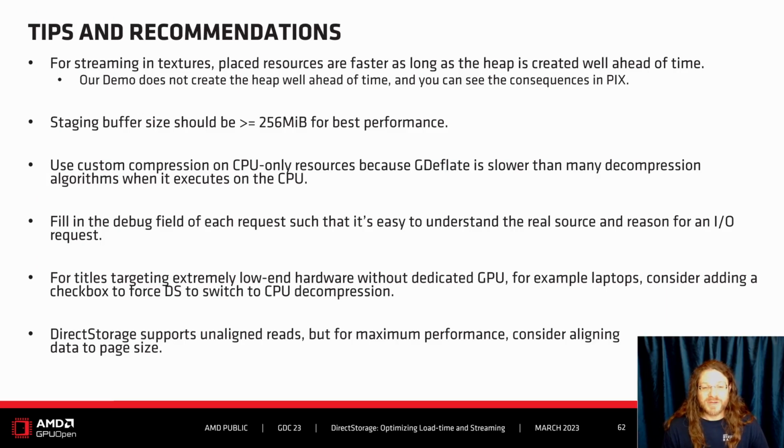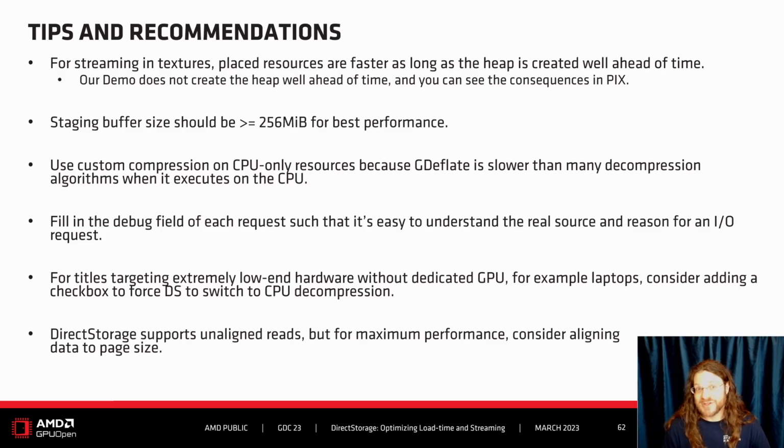Here are some tips and recommendations. These came from our implementation of direct storage in our sample. For streaming textures, using placed resources often offers a faster resource creation time. However, it only does so if the heap is created well ahead of time.